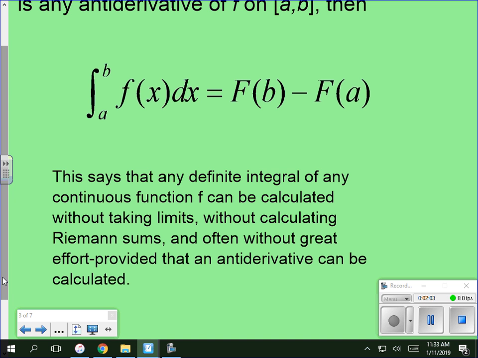We're going to learn another method that does not involve antiderivatives. And I will give you problems that you could solve very easily using antiderivatives, because I'm not going to be mean to you and give you functions you cannot solve with antiderivatives and have you work with something that is very difficult. But basically, if you can take the antiderivative, this is how you solve the problem.